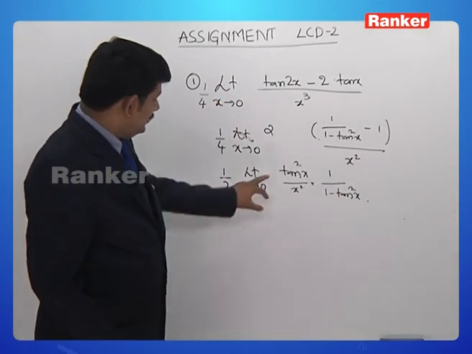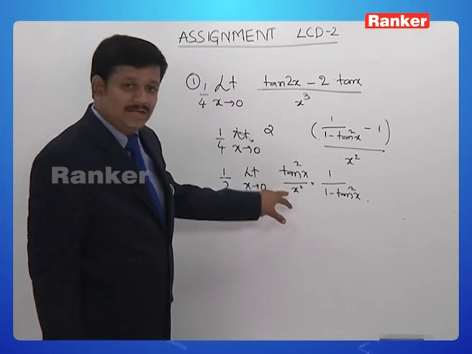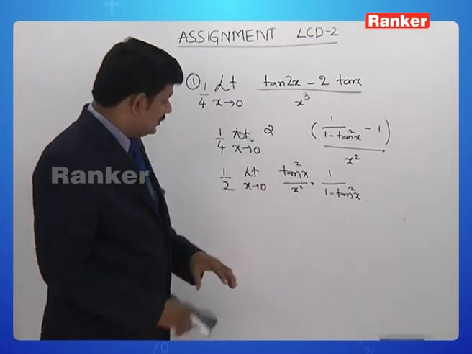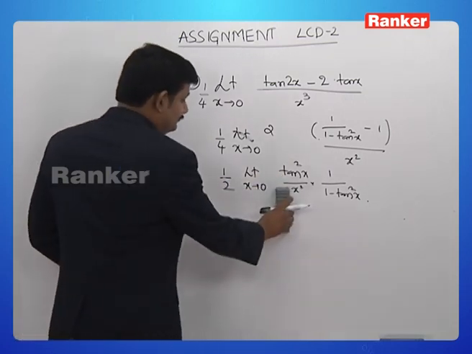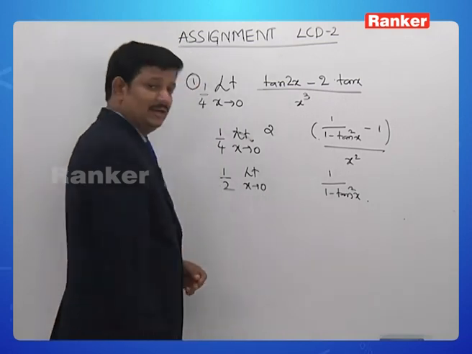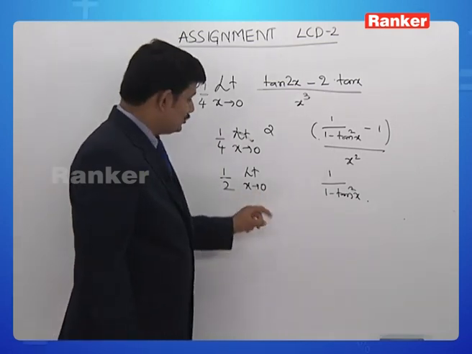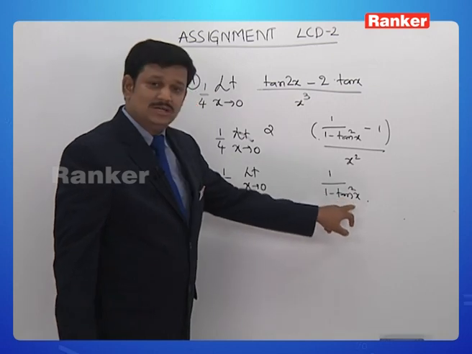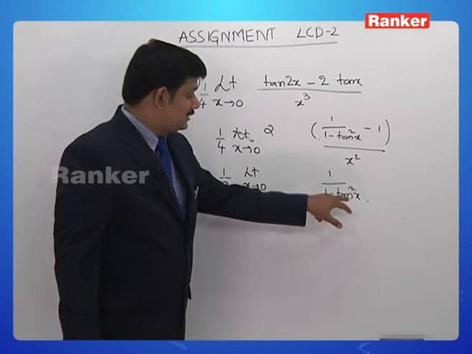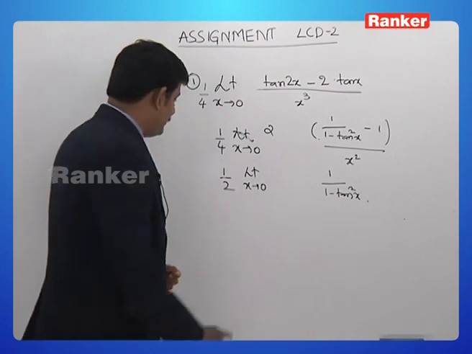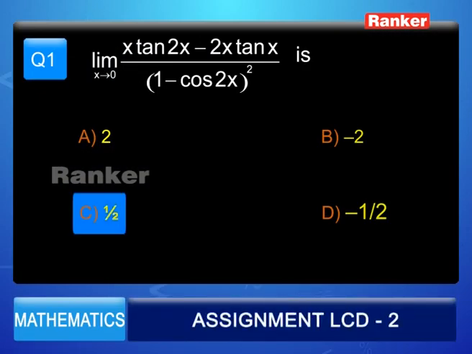Now, you can all see as x tends to 0, tan x by x is 1. So, tan square x by x square will also be 1. This limit, it would be 1. And as x tends to 0, tan x tends to 0. So, 1 by 1 minus tan square x is also 1. So, effectively our answer would be half, or the right option is C.